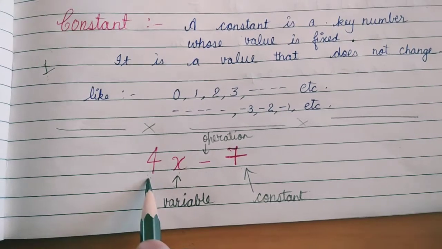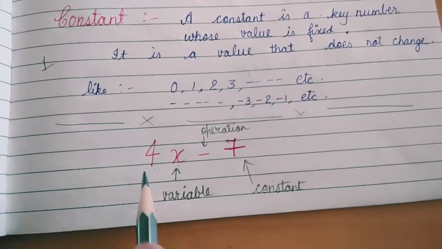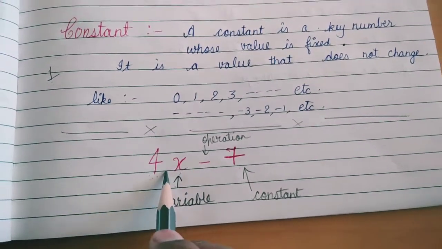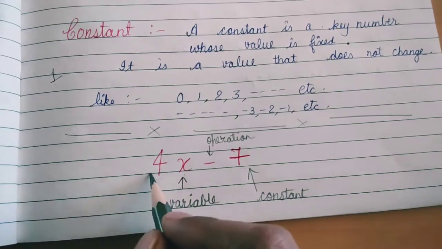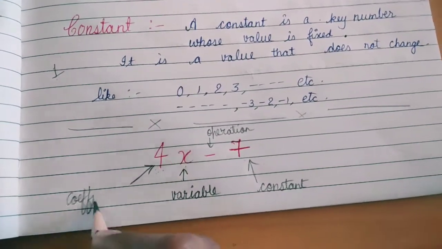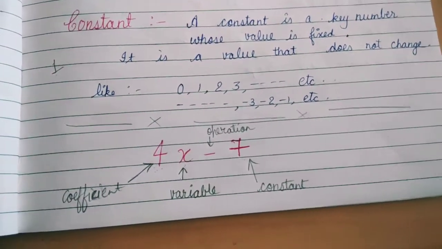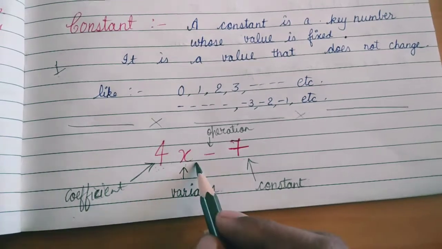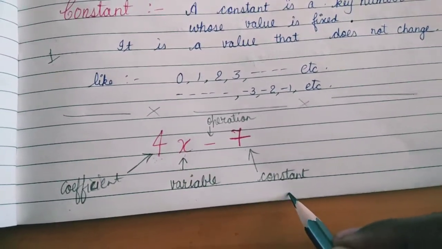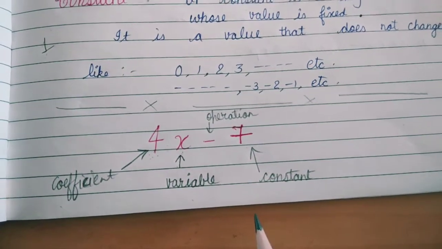When a constant comes with a variable in multiplication, that constant is known as a coefficient. So 4 is the coefficient, x is the variable, minus is the operation, and 7 is the constant, and together it is known as an expression.